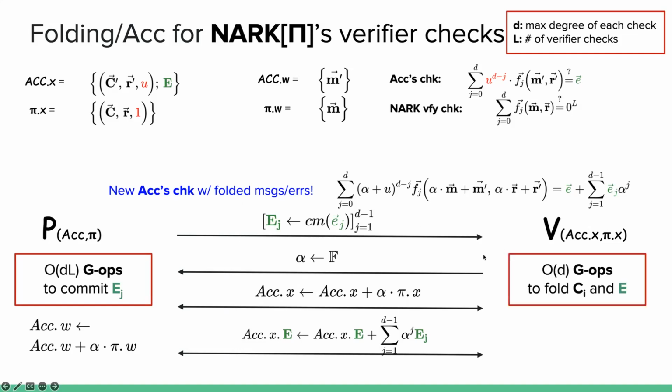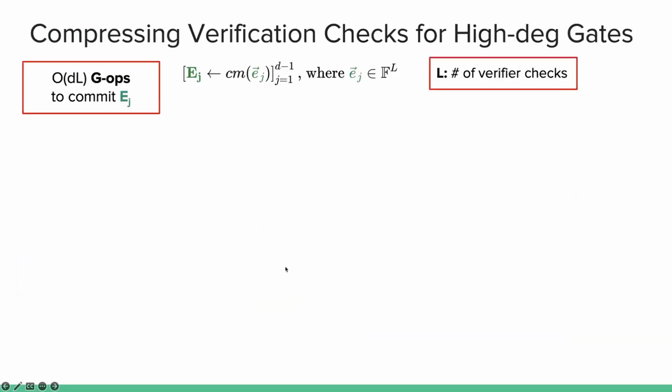And similarly, the verifier also needs to apply D group operations in order to fold the error vector commitments using the power of alpha. So that is not very good when the degree D is really, really large, right? Because we have a factor of D complexity here in terms of the number of group operations. So we try to solve this issue and make sure that the number of group operations is independent of the gate degree. And let's see how to do that.